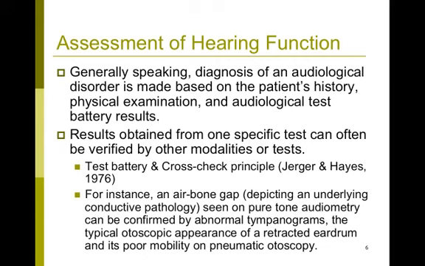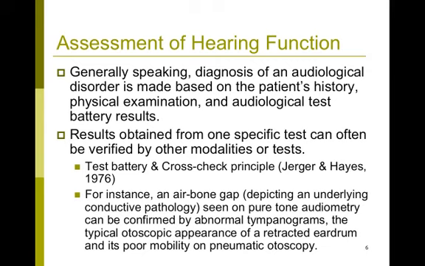Specifically, it came about when we're doing pediatric testing, where we use objective test measures to confirm our behavioral results. And now it's considered fundamental for any audiological evaluation that we use a test battery and use this cross-check principle before we diagnose hearing loss.